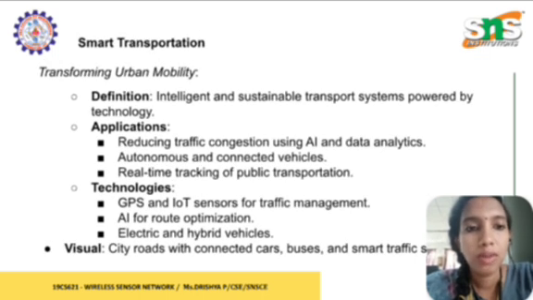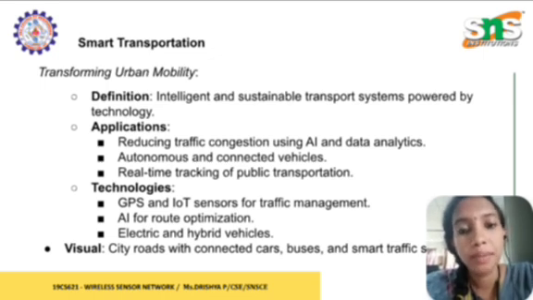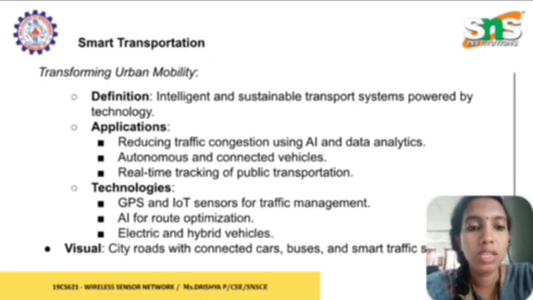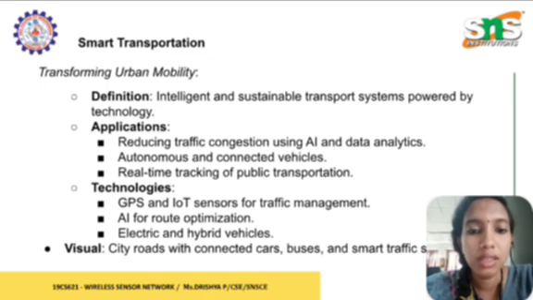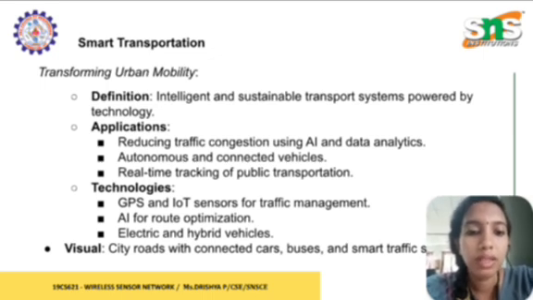So the next one is smart transportation, transforming urban mobility. Smart transportation is mainly related to urban areas. It is an intelligent and sustainable transport system powered by technology. It is the best way of transportation, powered by different technologies. In an urban area, it reduces traffic congestion using AI and data analytics, autonomous and connected vehicles, and real-time tracking of public transportation.